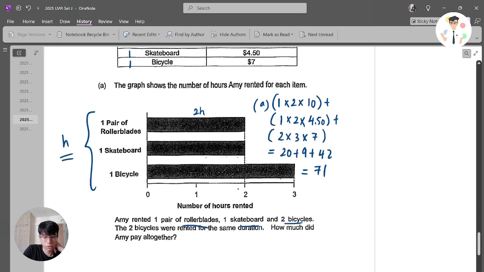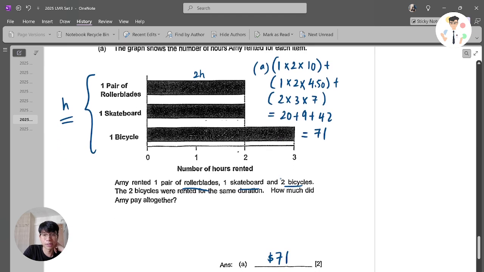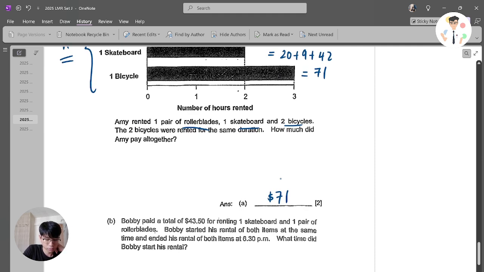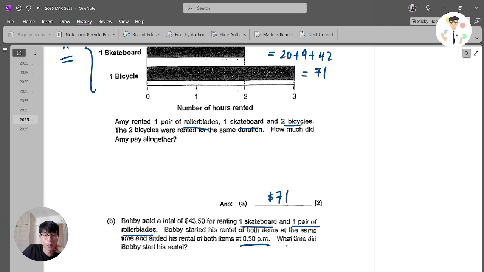Okay, so let's look at B. Bobby paid a total of $43.50 for renting 1 skateboard and 1 pair of rollerblades. Bobby started his rental of both items at the same time and ended his rental of both items at 6:30 p.m. What time did Bobby start his rental?